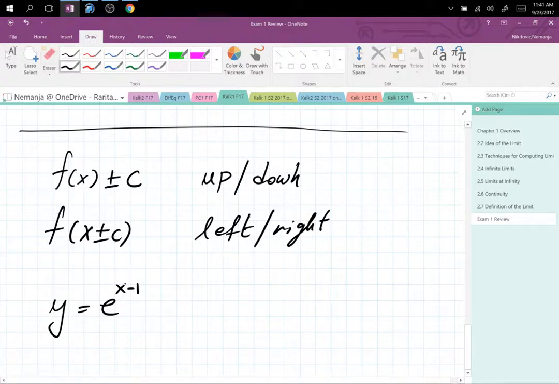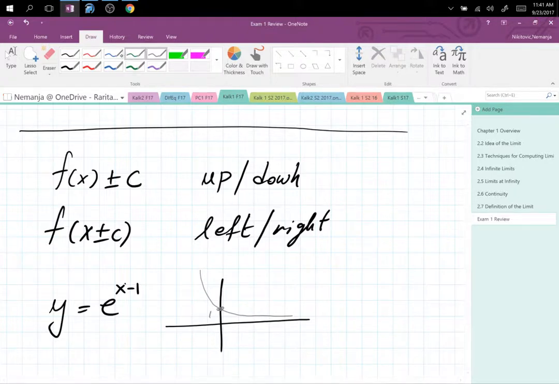The negative side is the left. The positive is the left shift, and the negative is the shift to the right. So the original function for e to the x would be the function that goes through 1. And the function that we need to graph needs to move 1 unit to the right, and will keep the same shape. It's just that it's going to go through 1 unit to the right.